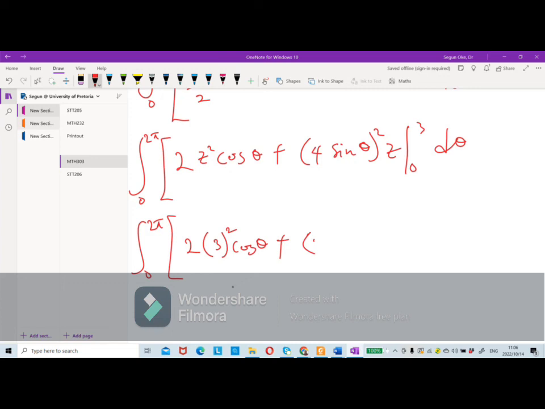We still need to break this one. How do you break it? 16 sine squared theta times 3.